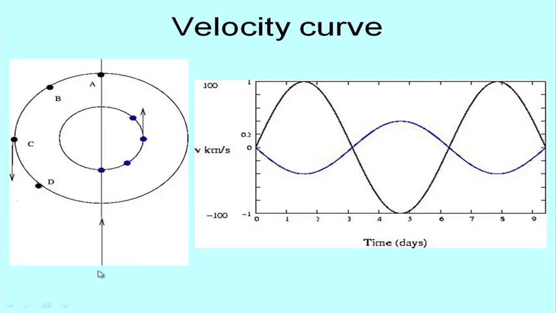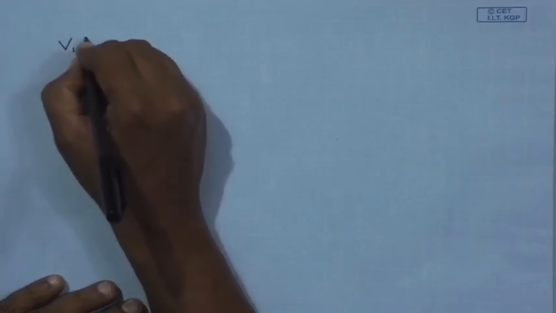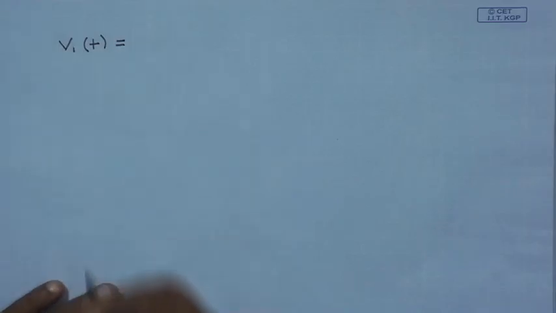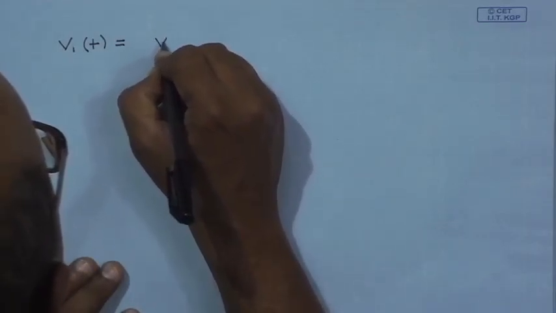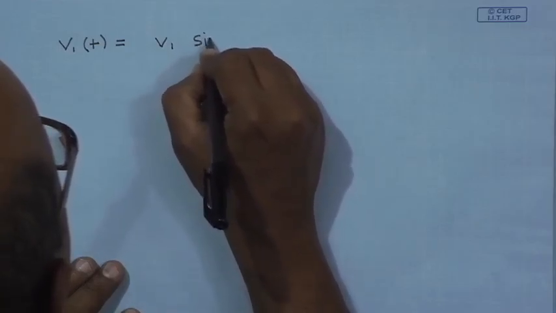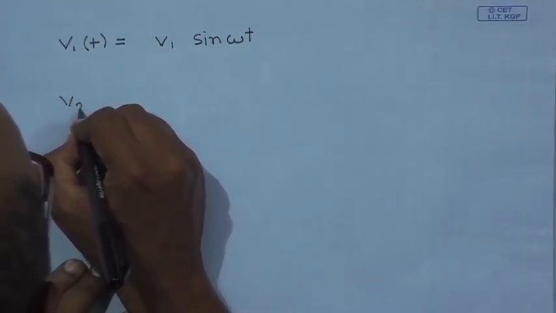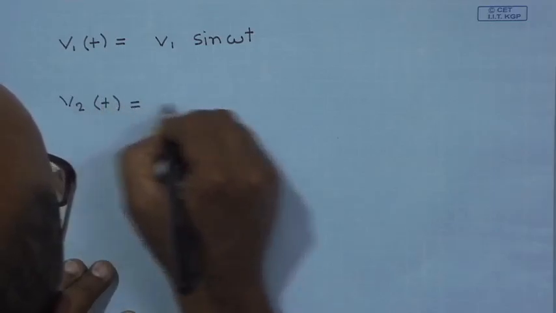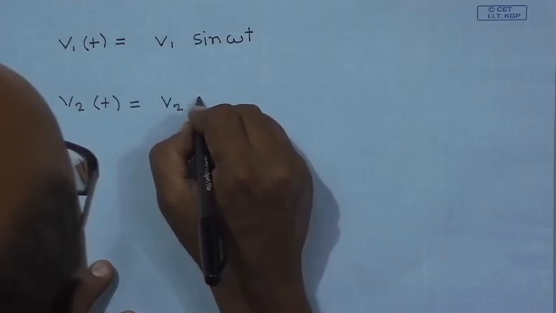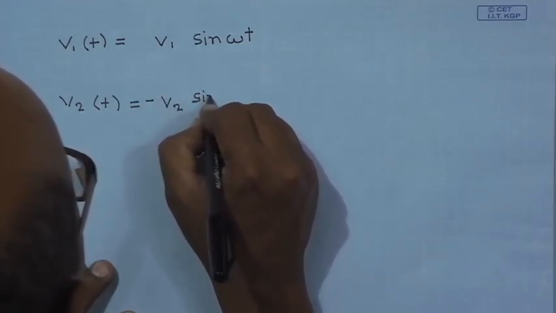So, the distant observer located in this direction is observing the spectral lines from both of these objects, and the velocity that the observer infers from the Doppler shift will have a behavior V1 sin omega t for one of the objects, and for the other object, V2, the amplitude, with the minus sign, sin omega t.